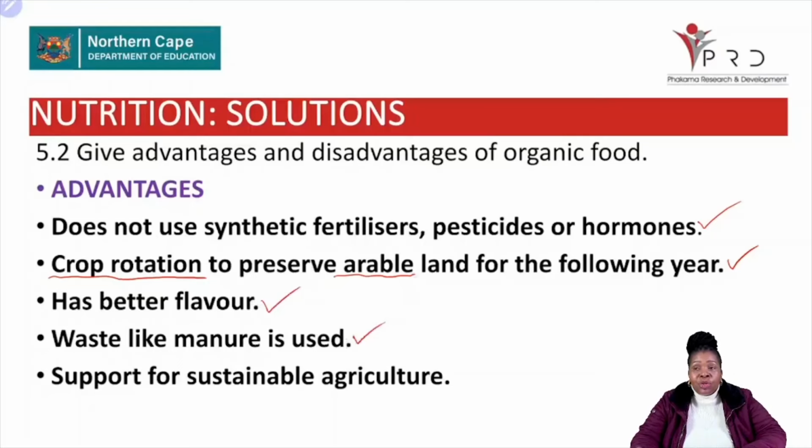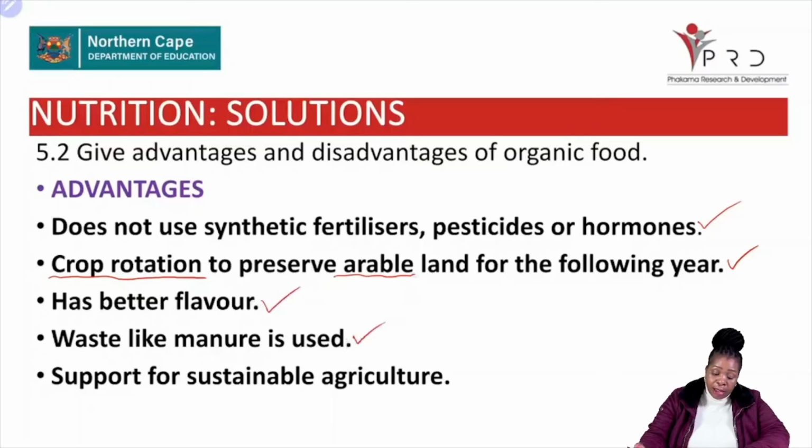If you remember, we talked about a heap compost, whereby you take the leaves of the veggies that you plant at home, the waste leaves of cabbage, and maybe dump them or put them in a hole closed until they decompose, and then you use that as manure for your plantation instead of using synthetic fertilizer. Right?